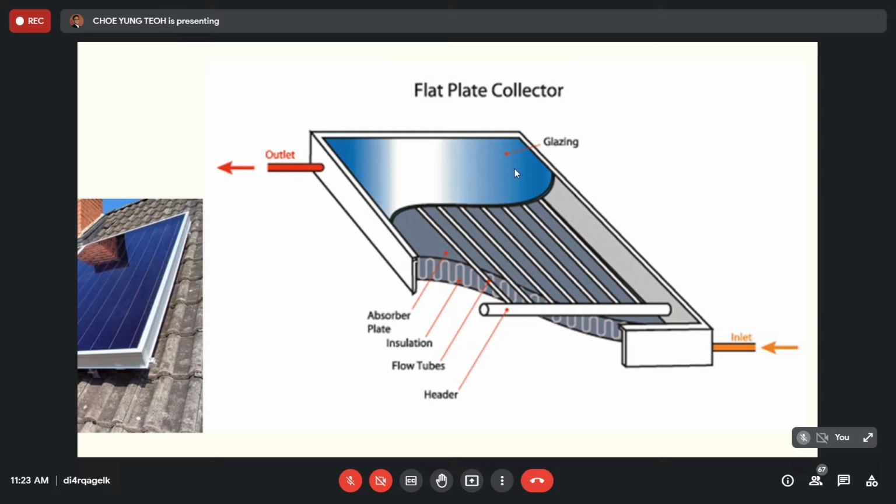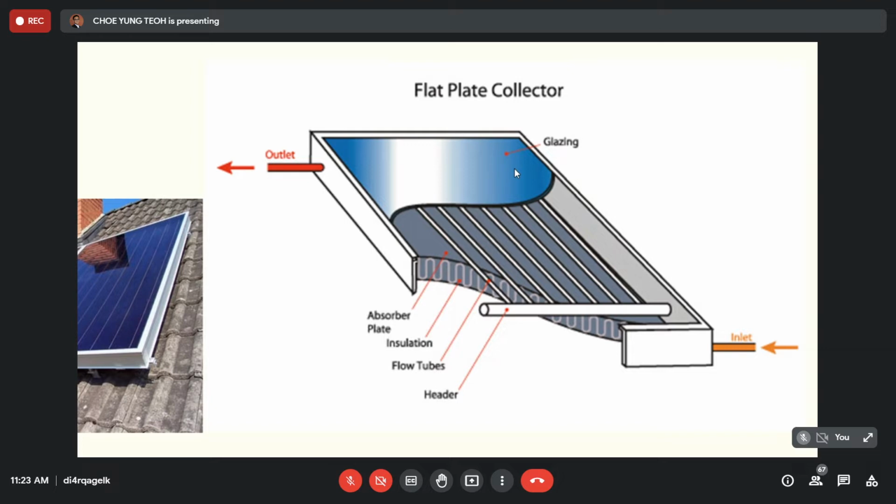Maybe the outside temperature is 30 degrees Celsius, but inside your car it can be up to 60 to 70 degrees Celsius, if you do not have proper tinted windows. But if it is the same car, same glass, and you park it under the sun, but now you slightly open the window by maybe 5% or 10%, what happens? You feel that the temperature inside your car is much lower than previously, when it was fully closed.